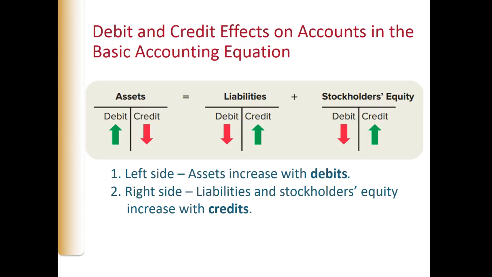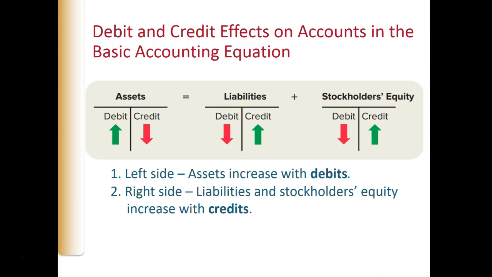So for assets, assets increase with debits. On the right-hand side, liabilities and stockholders' equity increase with credits. Okay?